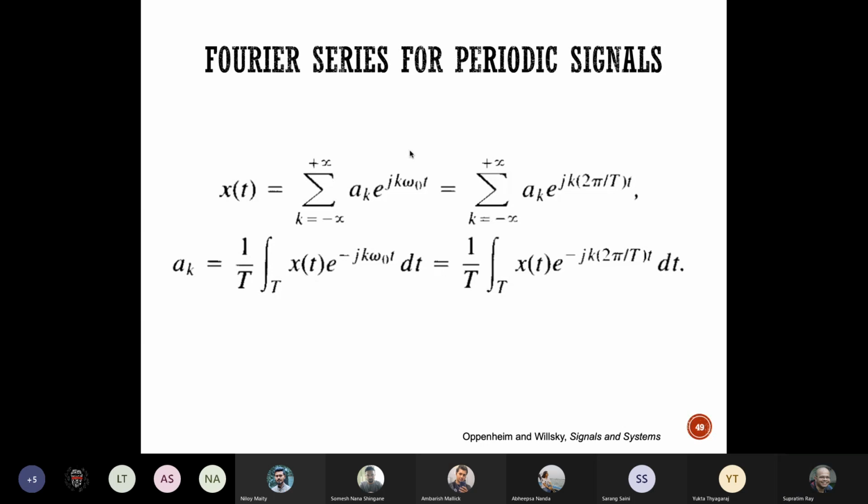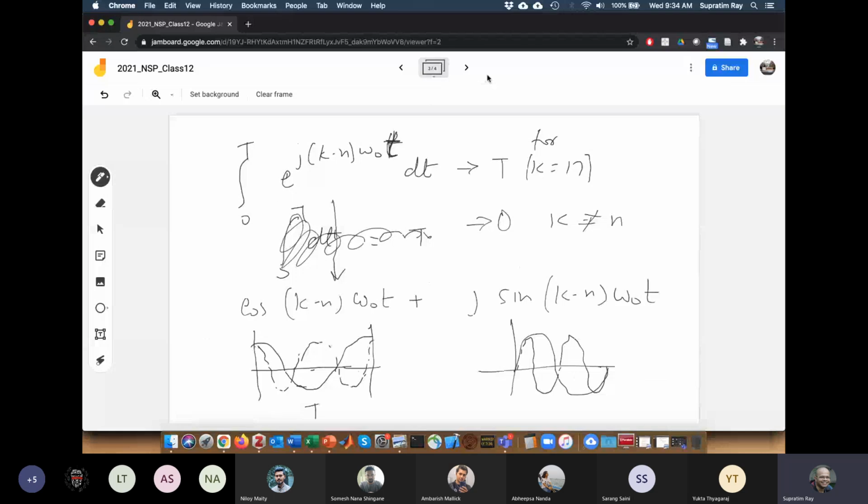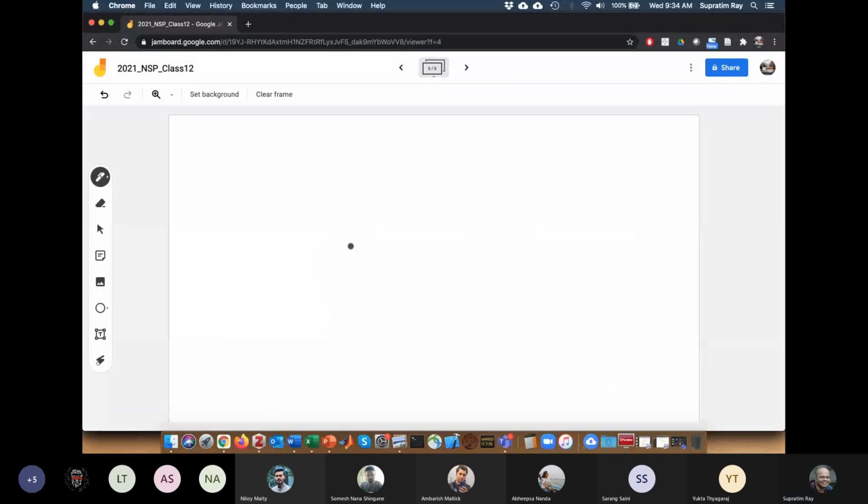But many people thought that it's not possible to expand a function which may not be smooth as a sum of functions that are smooth. Sinusoids are smooth functions, right? So what I'm telling you is that my function could be even something like this.